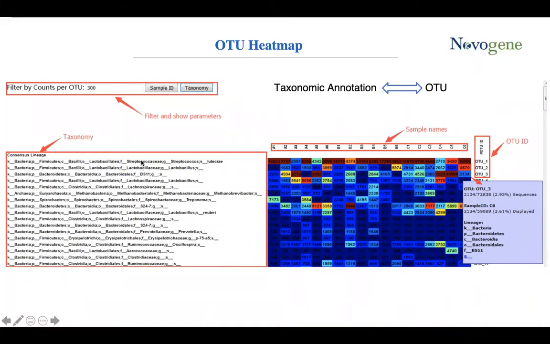Then the graphic will be generated as the figure below. It will show the different taxonomy and the sample names and the corresponding OTU ID to the right. The counts are colored based on the contribution percentage of each OTU to the total OTU count in one sample. So here, the blue box contributes a low percentage of OTUs to the sample, while the red ones mean they contribute a higher percentage of OTUs.